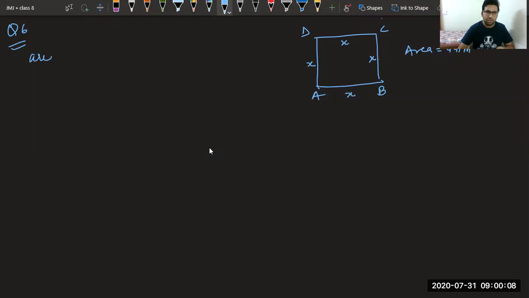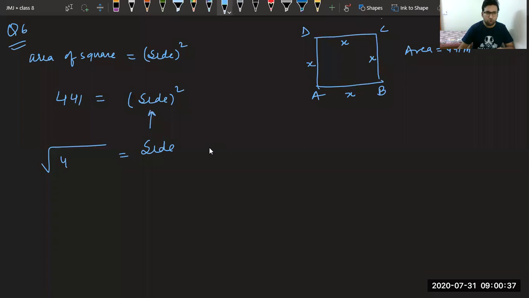The area of a square is given by side square, if you remember. So just put the value. Area is given as 441 is equal to side square. Now to find the value of the side, we will take this square term to the other side as a square root. So side is equal to under root 441.